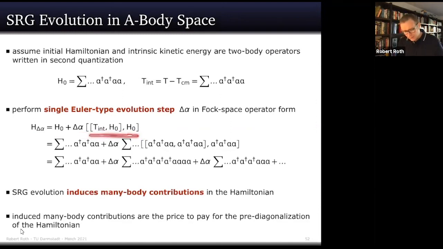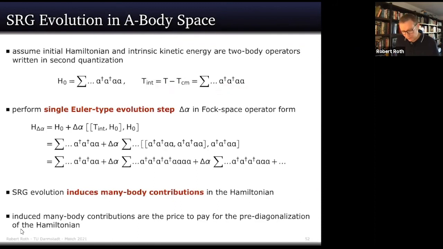Let's think about this double commutator for a moment. If you have the original Hamiltonian, this H0, let's assume, is a two-body operator. And I use this kind of sketchy second quantization here to write this two-body operator with two creation, two annihilation operators. And then I have kinetic energy in here, which is intrinsic kinetic energy, so total kinetic minus center of mass, which can also be written as a two-body operator.